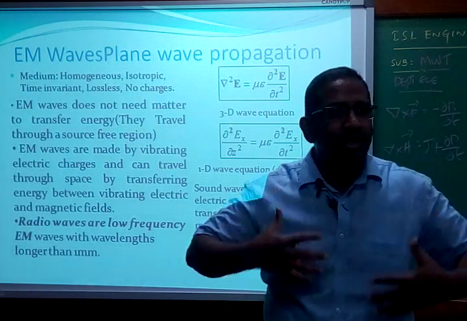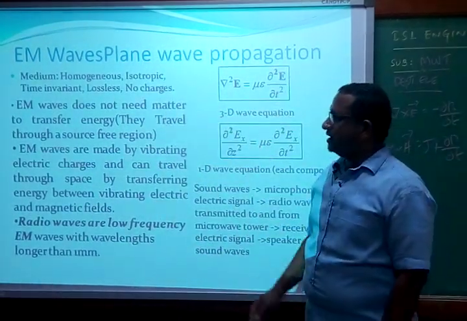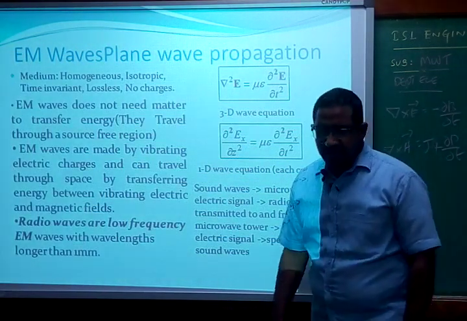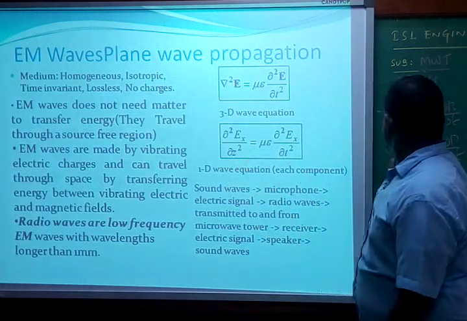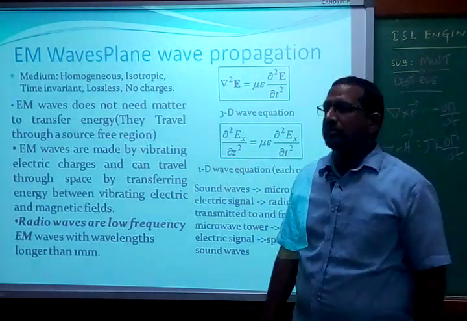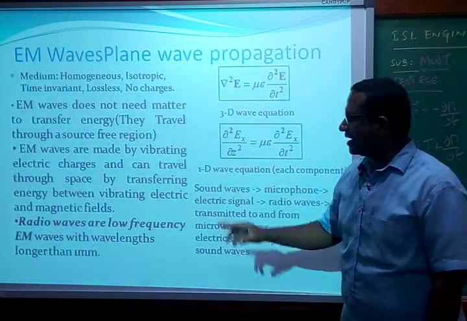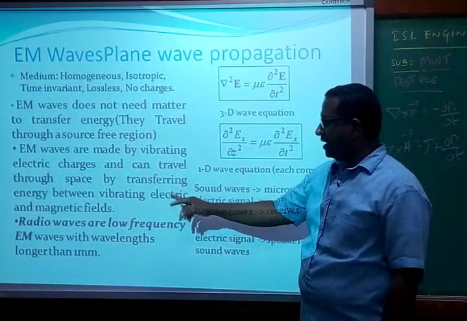It automatically travels by its own energy. That is why it is called a source free region. Because it is a source free region, in Maxwell's equation del cross H, J is equal to 0.